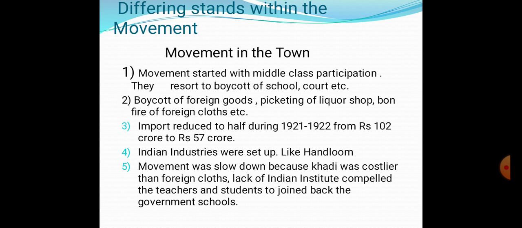But the movement slowed down because khadi was costlier than foreign clothes. And also lack of Indian institutes compelled the teachers and students to join back the government schools. Even though lots of industries and schools and universities were opened, they were not sufficient to accommodate all the students.